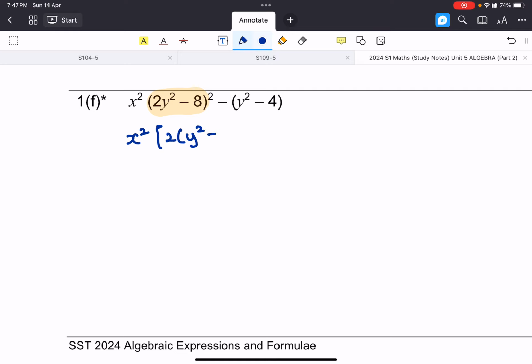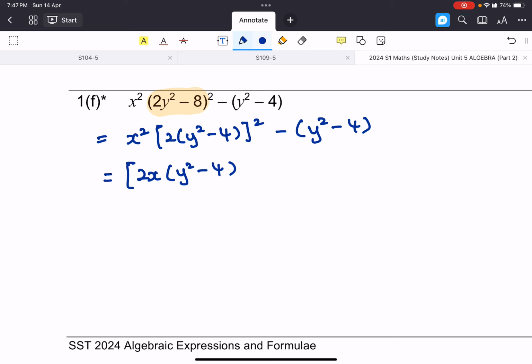We have y squared minus 4. And then this thing squared, minus y squared minus 4. Okay, so this looks fine. And then I recognize that, hey, the 2 terms, they are all squares. So if I were to put them together, this will actually turn out to be 2x, y squared minus 4, this thing squared, minus y squared minus 4.